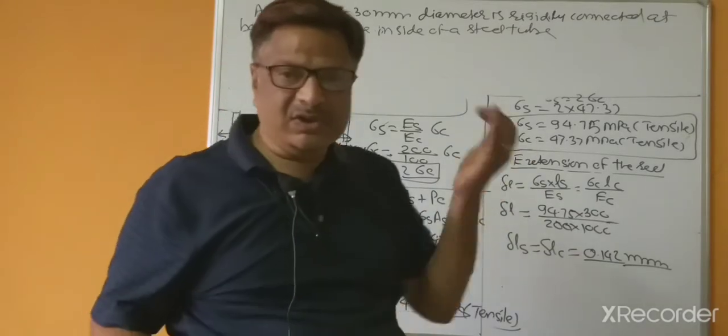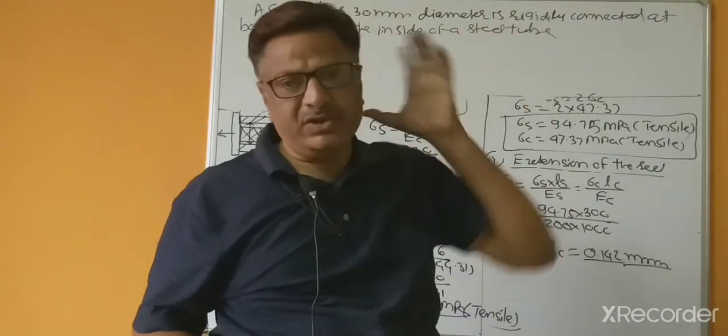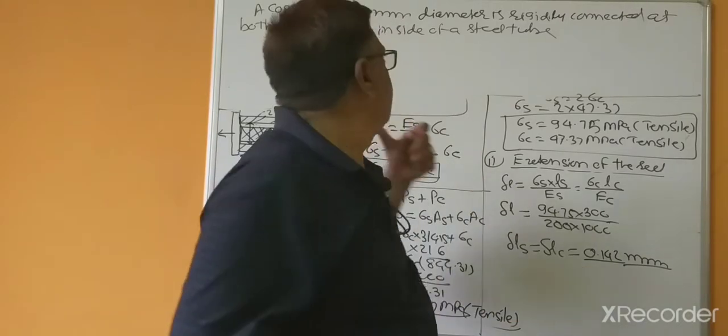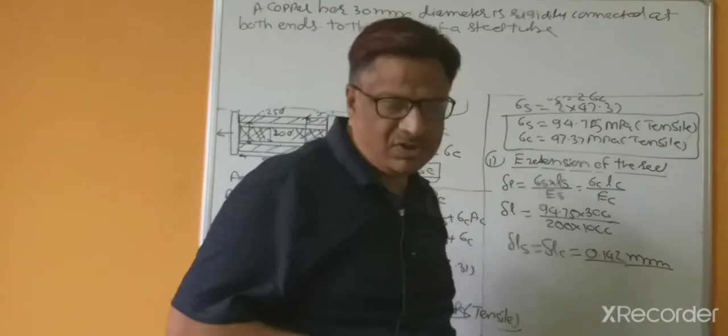In the previous problem, a steel rod was enclosed in a copper tube. Now the copper bar is enclosed in a steel tube.